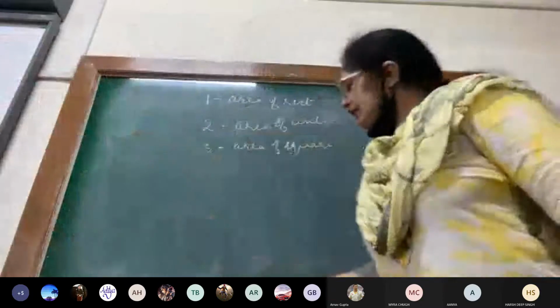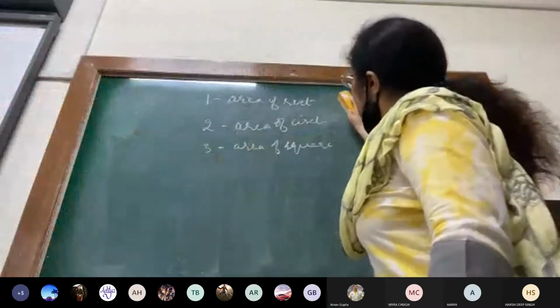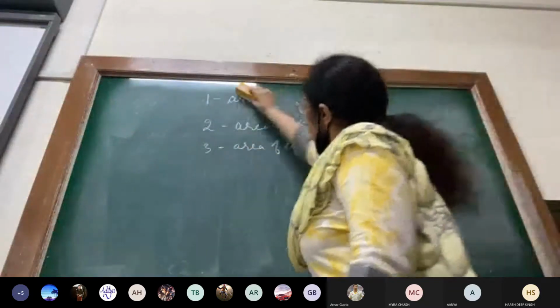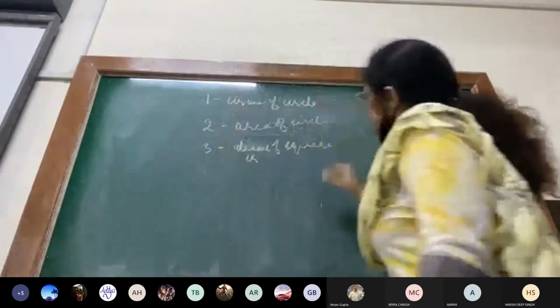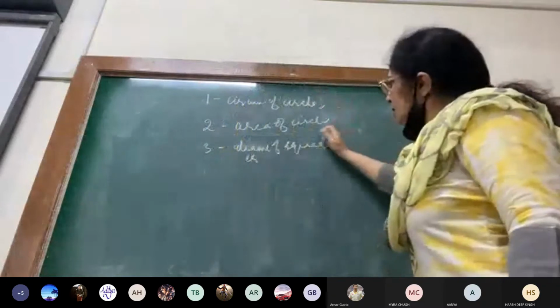In a case, let's say this is a circle. Area of circle, circumference of circle, and diameter of circle. So now over here, is this circle common?